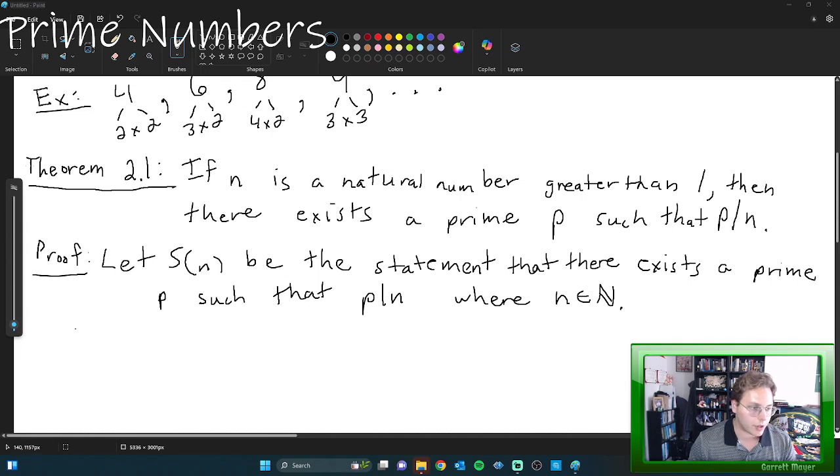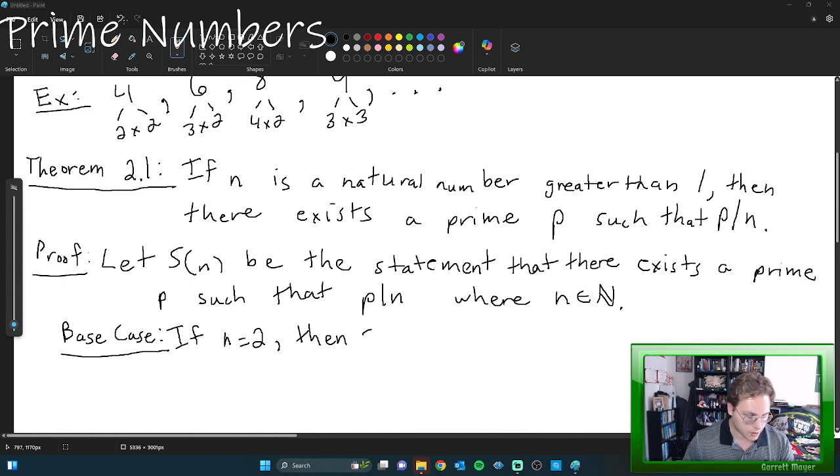So we're going to start with the base case, where n equals 2. If n equals 2, then Sn is true since 2 is prime and 2 divides 2.